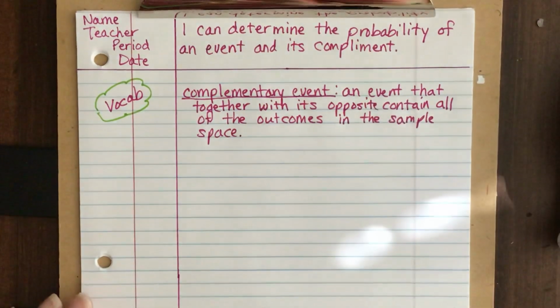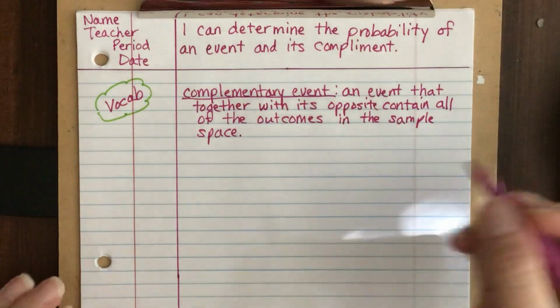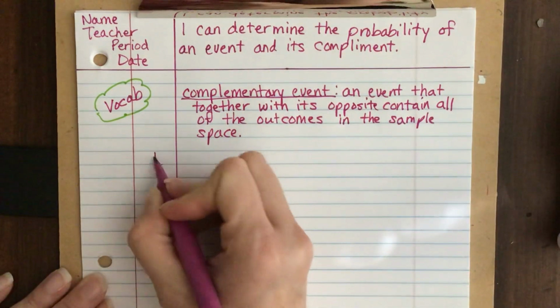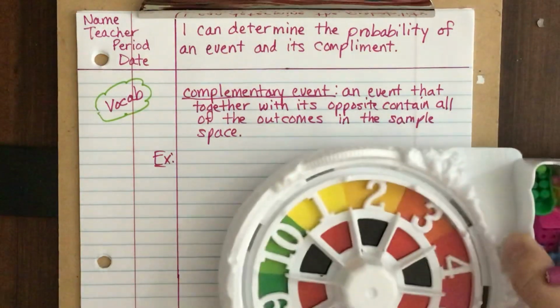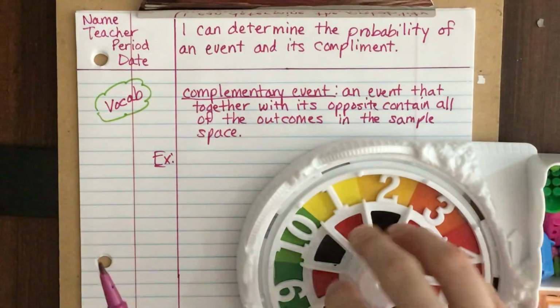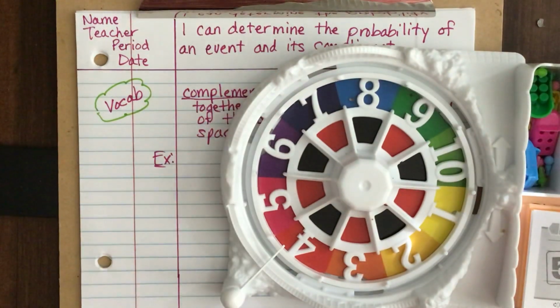I feel like there's an E there. There we go. I feel like we need an example here to make sure that we understand what's going on. If you've ever played Life before, I have this awesome spinner. It's the numbers 1 through 10.